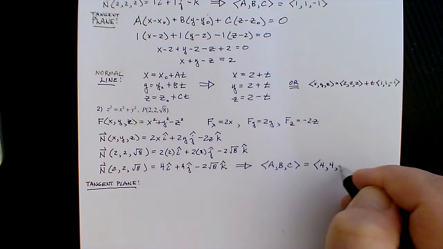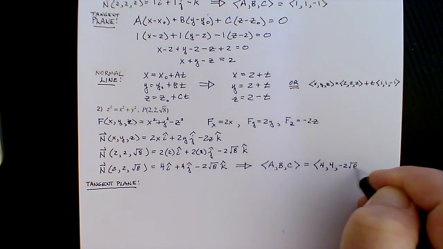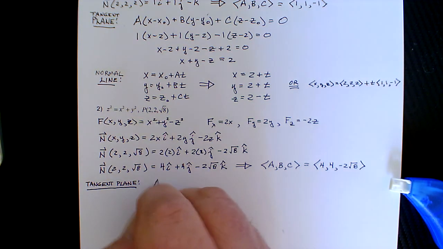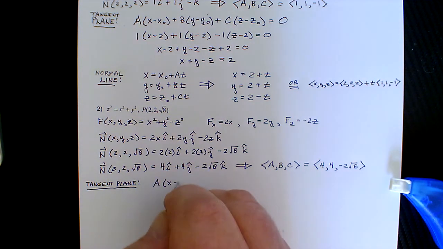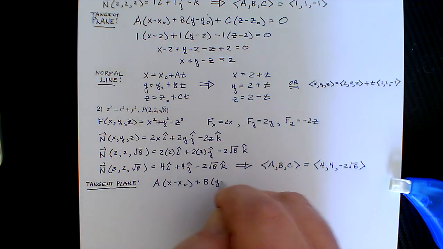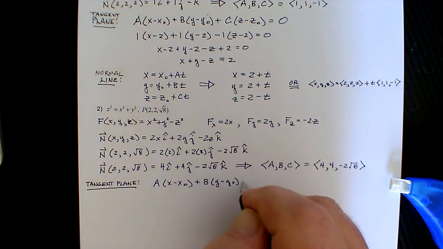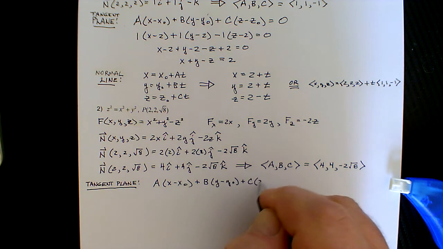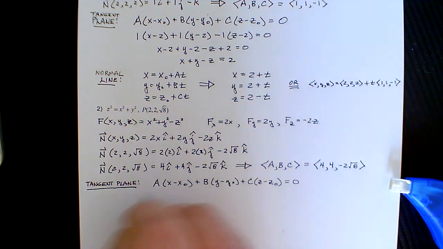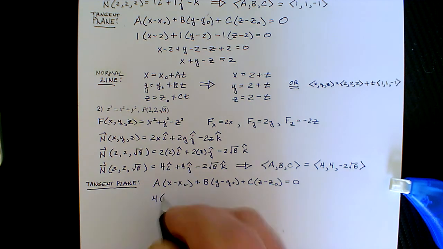So 4, 4, and negative 2 square roots of 8. Okay, so if you want to write down the equation of the plane again, a times x minus x naught plus b times y minus y naught, plus c times z minus z naught is equal to 0. So now we just plug in.